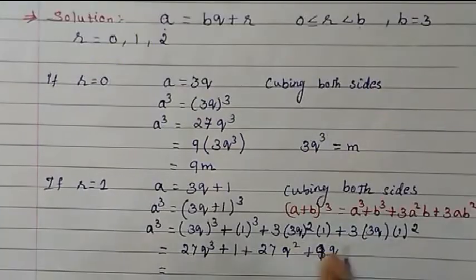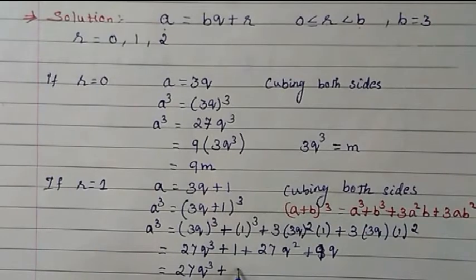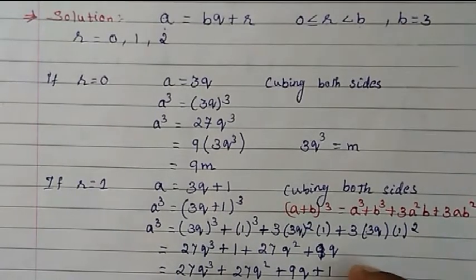Now let's arrange them in the degree order. So 27q cube plus 27q square plus 9q plus 1. Now we have finished cubing them.